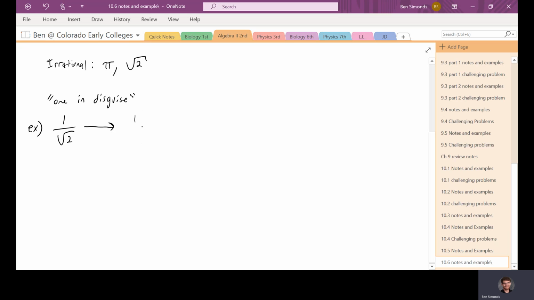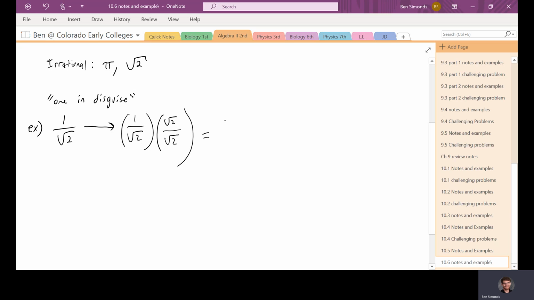So we could take that 1 divided by the square root of 2 and multiply it by 1. In this case, 1 looks a little funny. We're going to multiply it by the square root of 2 divided by the square root of 2. When we multiply fractions, you just multiply straight across. So multiply the top with the top, multiply the bottom with the bottom.